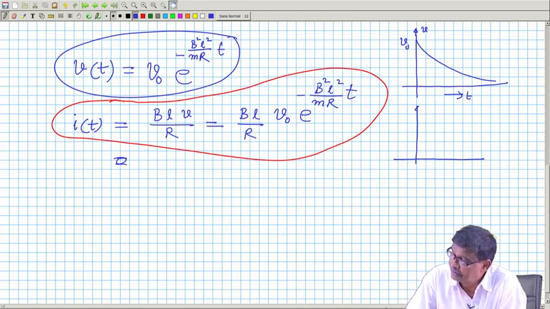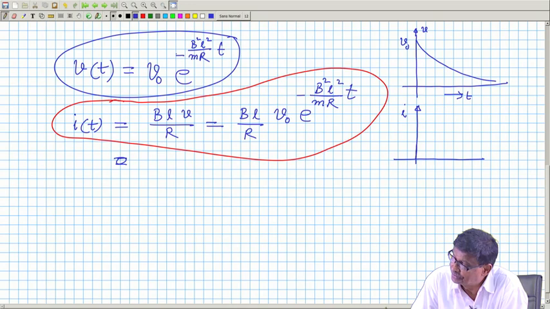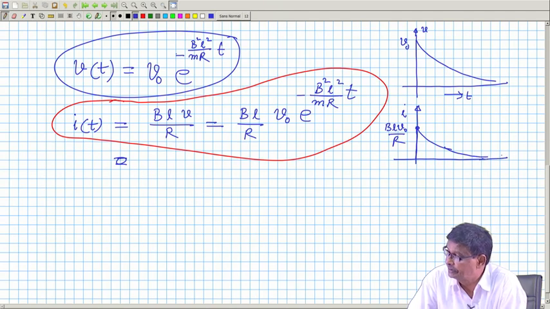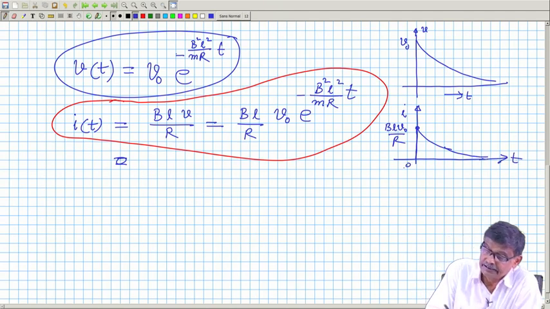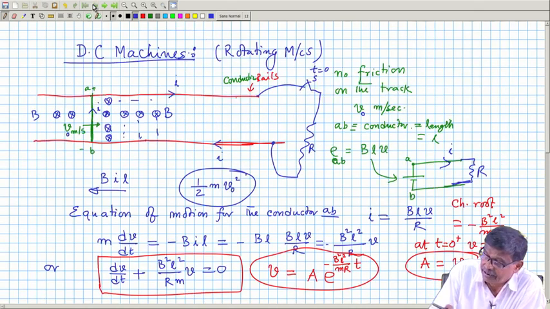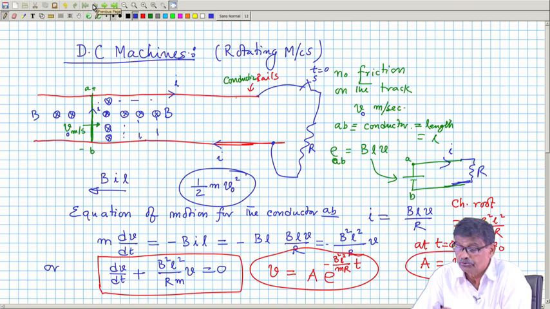So, current in the circuit at t equal to 0, when you close the switch, is V0 BL by R, then it also exponentially decays down to 0. This is the time axis. So, this generator will not last long. But we have understood several things.